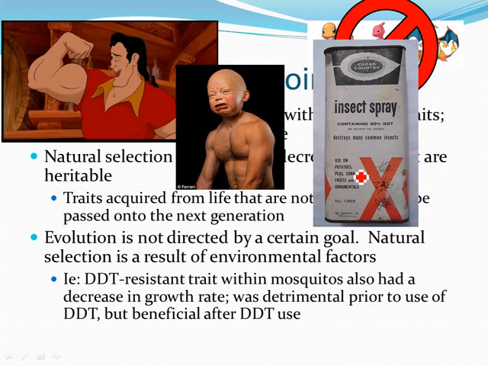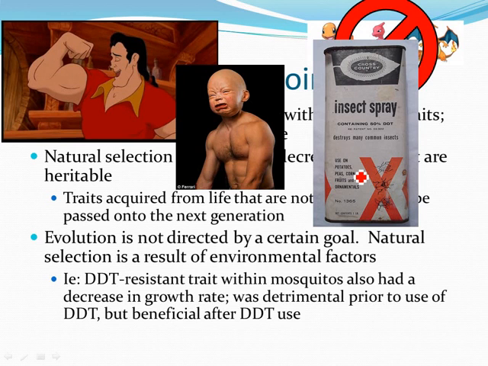Another example of this is that there was a period of time where we used DDT as a bug spray. Most of you probably don't even know what DDT is, but regardless, DDT was a bug spray at one point in time, and some mosquitoes were resistant to DDT.